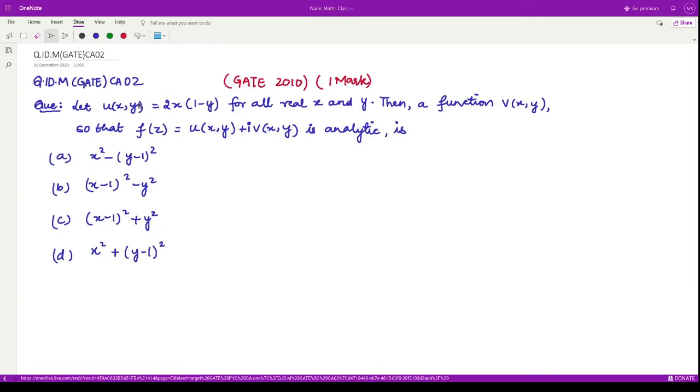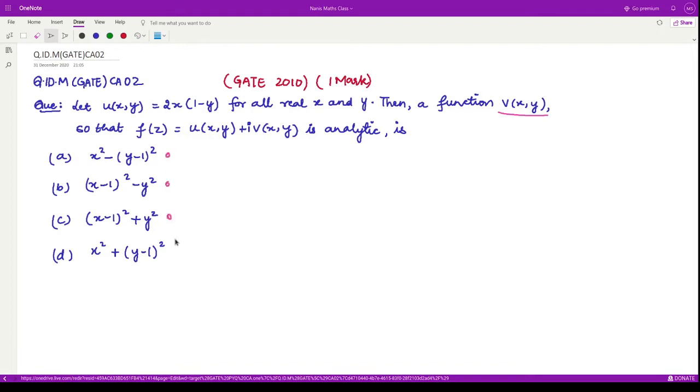The question given here is that u of x,y is given to be 2x into (1 minus y) for all x and y which are real numbers. Then they're asking, the function v of x,y is which among these four?